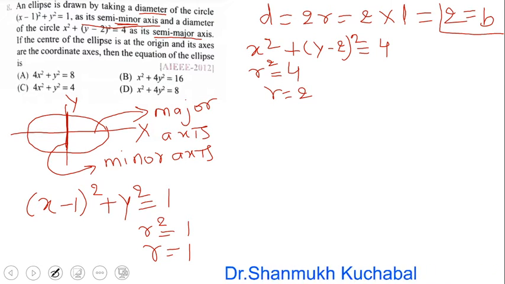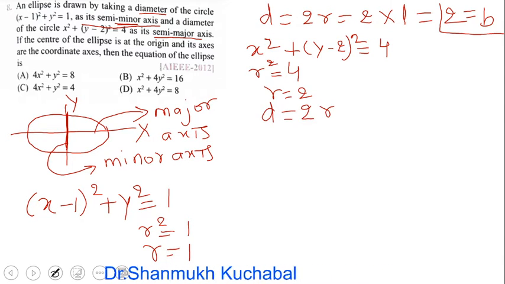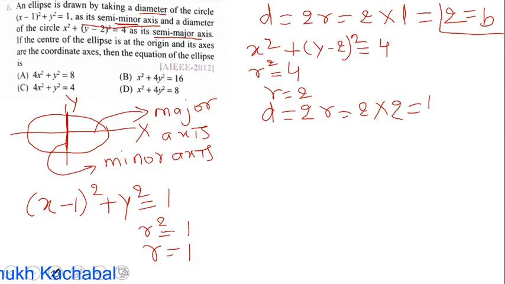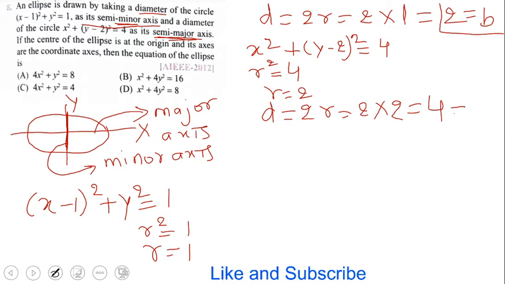Then we have to find the diameter. Diameter is 2 times the radius, so 2 into 2, 4. What will it represent? It is the major axis. Major axis means x coordinate, so x square by a square. So this 4 will represent the a here.